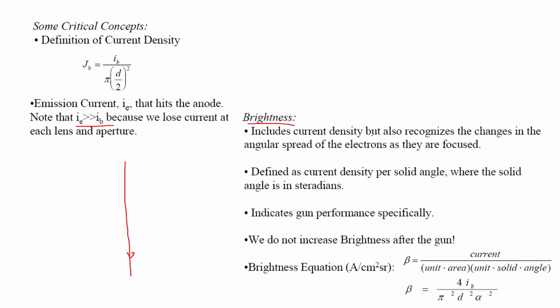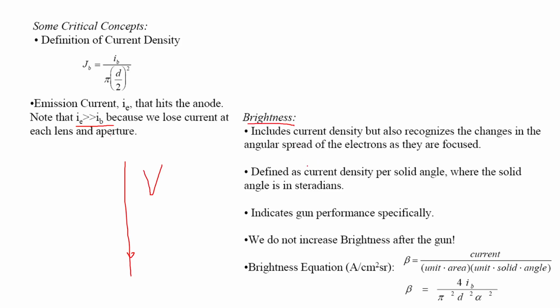This includes the current density but also recognizes the change in the angular speed of electrons as they are focused. So this current density has the current as well as the probe size, like pi (d/2) whole square. But the brightness term includes the change in the angular speed along with the current density.